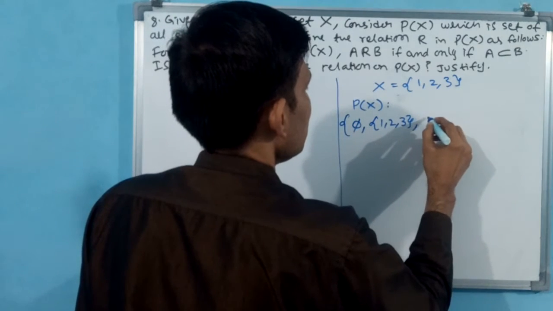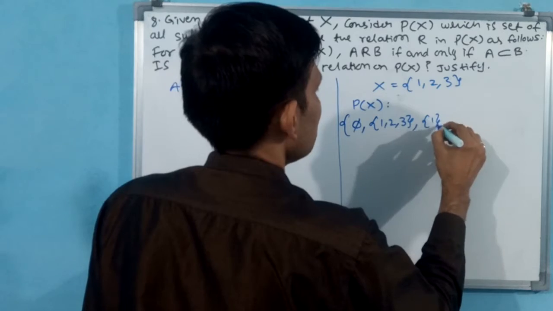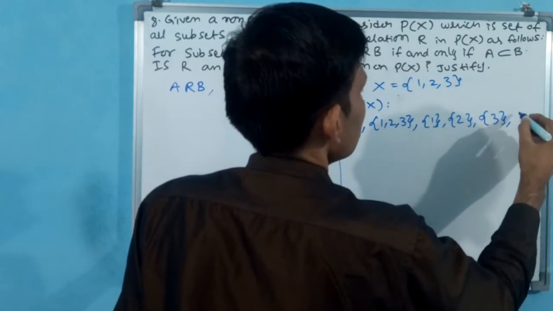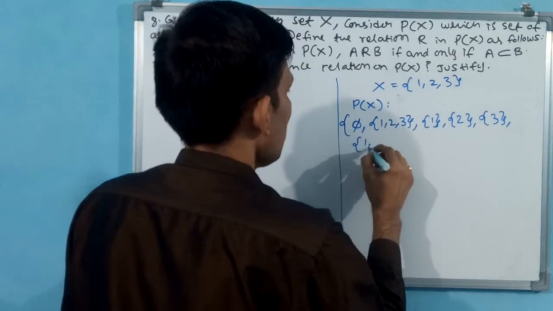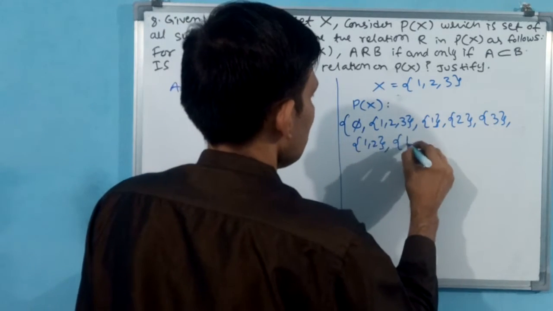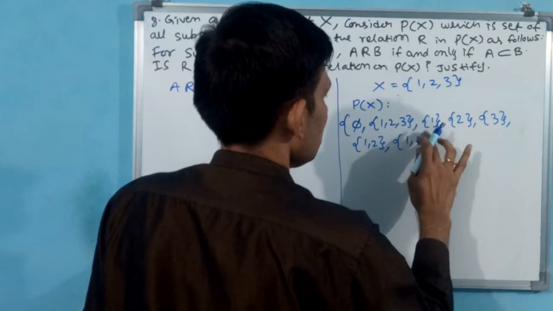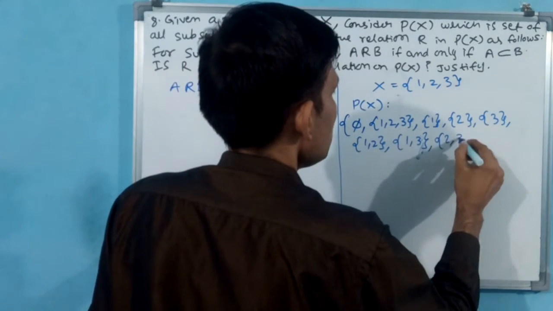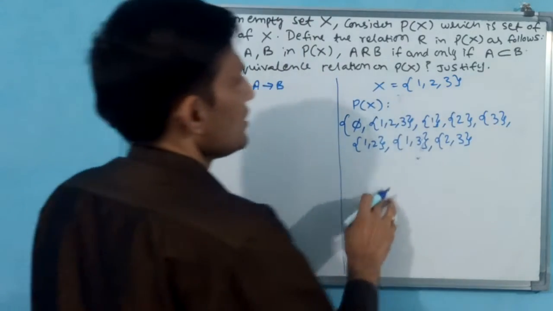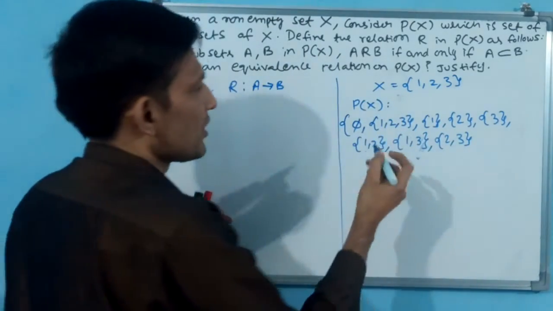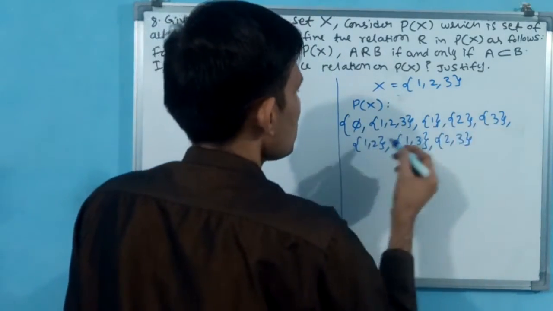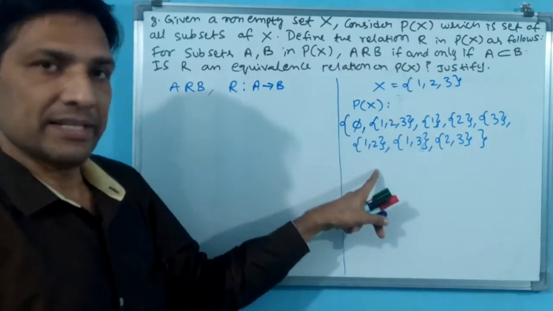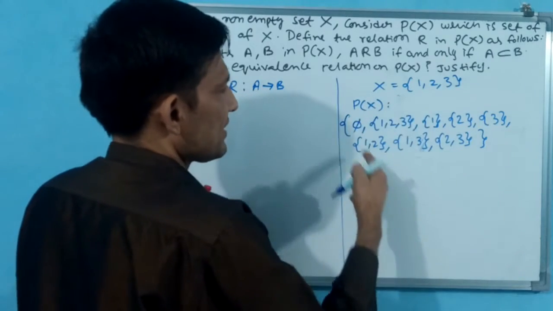Then 1 will come, 2 will come, 3 will come. Then 1, 2 will come, then 1, 3 will come, then 2, 3 will come. See, 3 means 2 power 3, 8 should come. 1, 2, 3, 4, 5, 6, 7, 8. Okay, over. This is the power set of X.